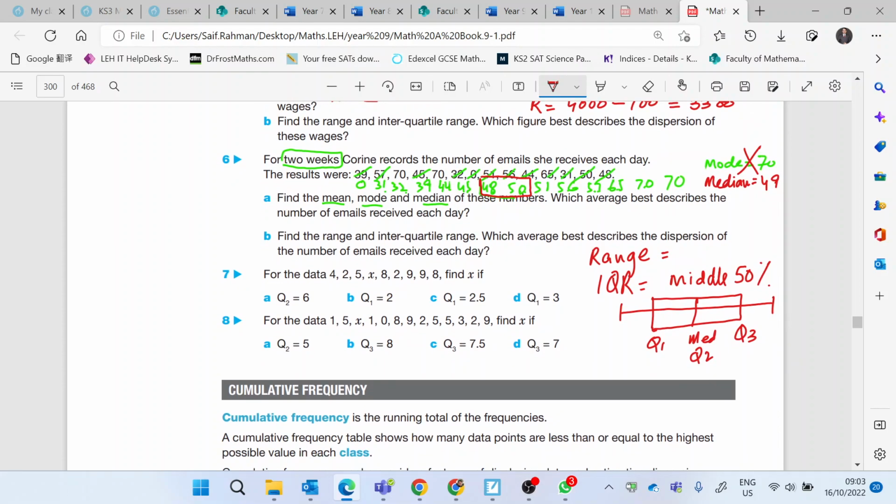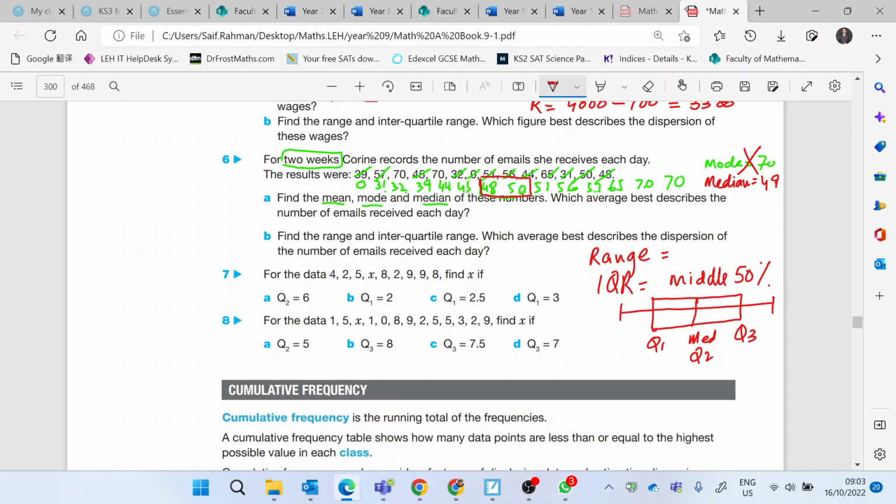The next question is for the data 4, 2, 5, x, 8, 2, 9, 9, 8. Find x if Q2 is 6, Q1 is 2, Q1 is 2.5 and Q1 is 3.